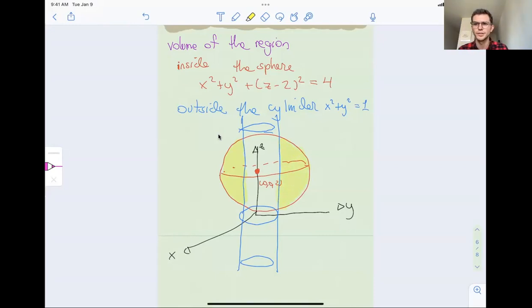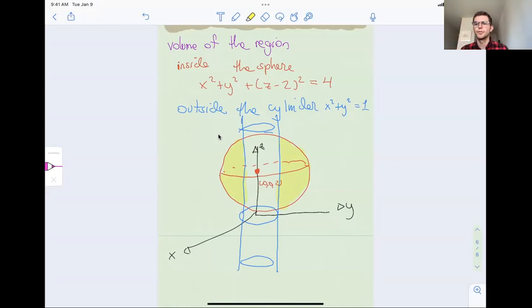Can everyone see the picture of what I'm trying to find? So far so good.